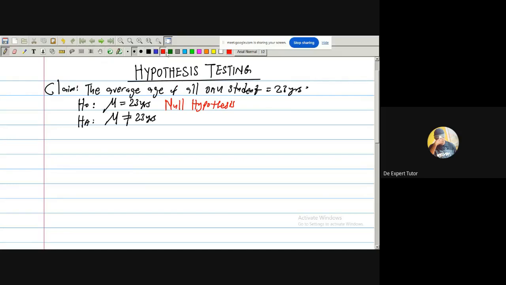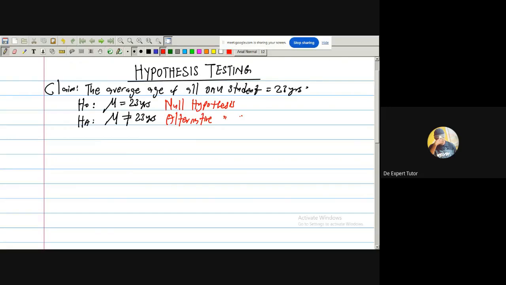Now, pay attention. The null hypothesis always carries an equality sign. This is the null hypothesis, and this is the alternate hypothesis. The null hypothesis is that the mean age is equal to 23 years, and the alternate hypothesis is that the mean is not equal to 23 years.